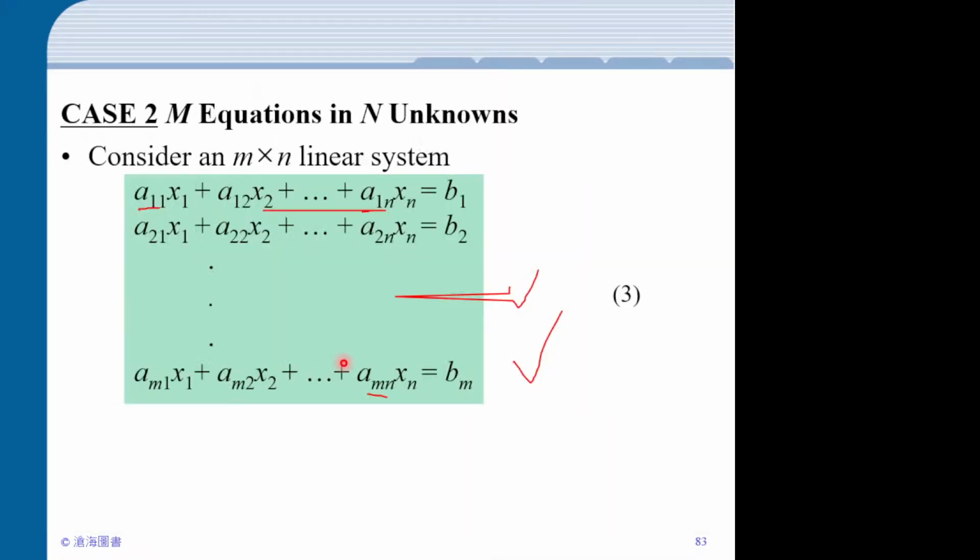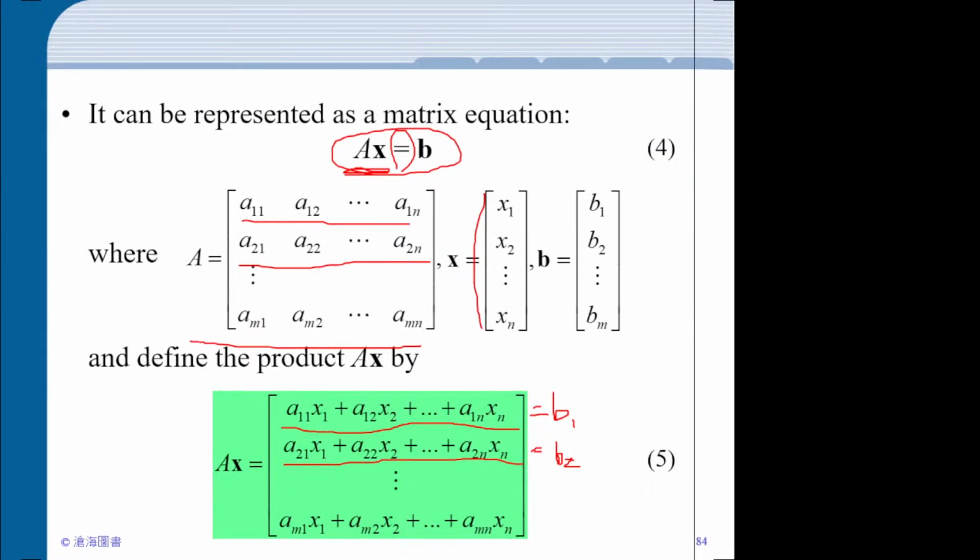Back to equations. That was one equation, and now we have multiple equations, like a general system. You have a11, a12, up to a1n, and am1 all the way to amn. We see that it can still be written as Ax = b.